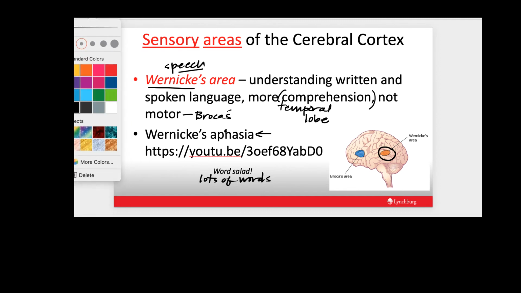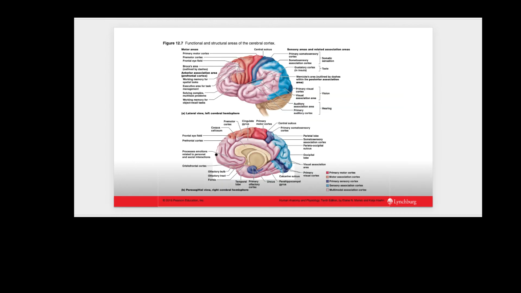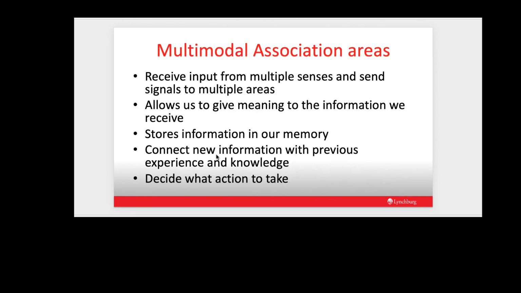That is typically what we see here. Lots of words, but they don't make sense because they have a lack of comprehension. I give you a link again to a patient scenario on YouTube. I would highly encourage you to take a look at that because it's interesting to see the patient there with Wernicke's aphasia and how that presents. So that's just an overview of these structures.